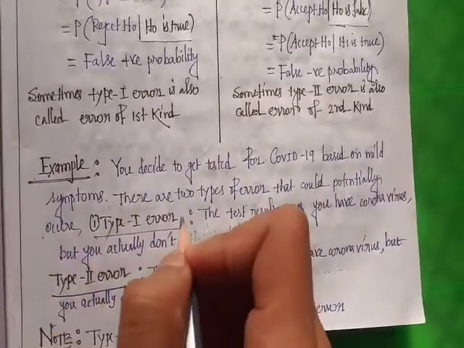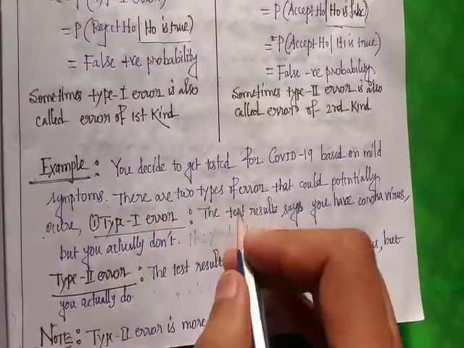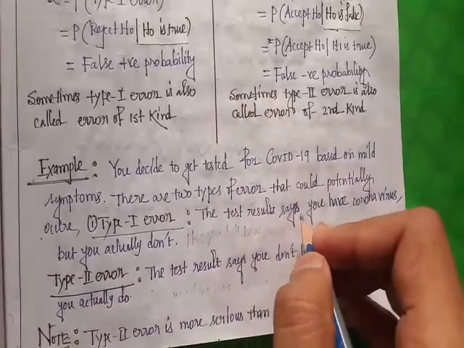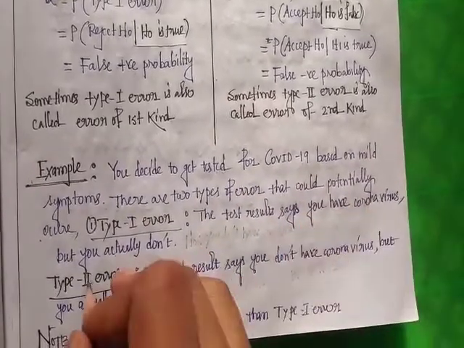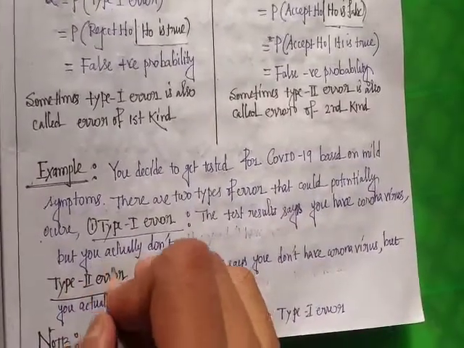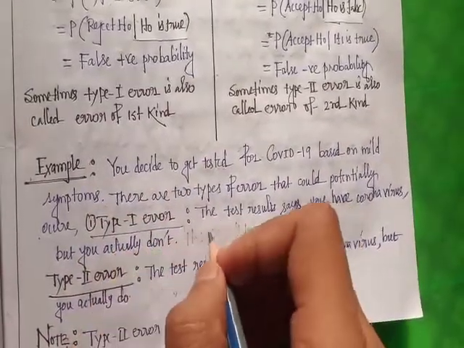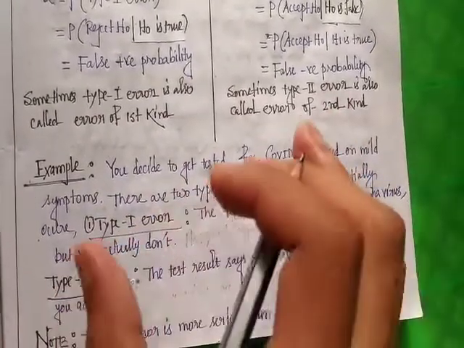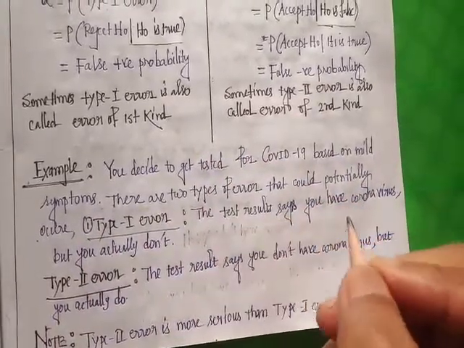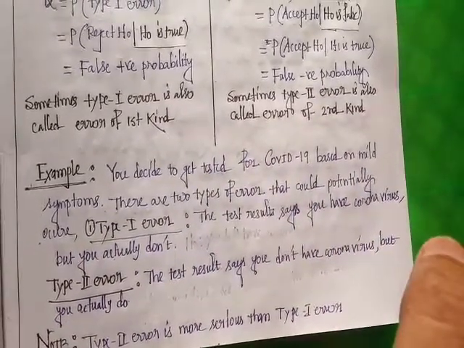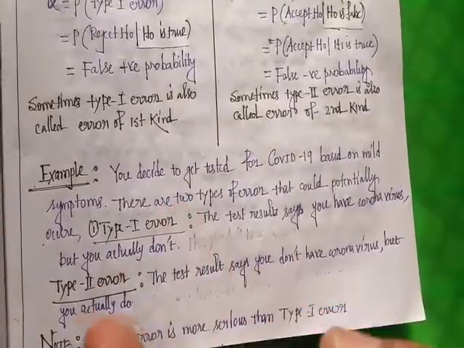Type 1 error: the test results say you have coronavirus but you actually don't.